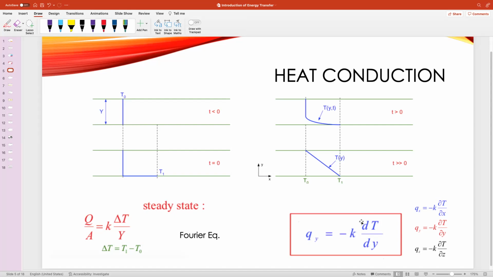The thermal conductivity k sometimes will be a function of temperature, but in some cases we can treat it as a constant and apply it straightforwardly. But if you're using a very high range of temperature, the thermal conductivity would be a function of temperature. This is the one phenomenon you need to see about heat conduction.